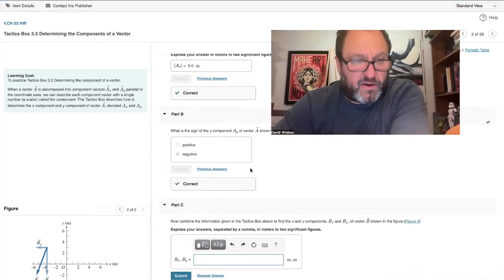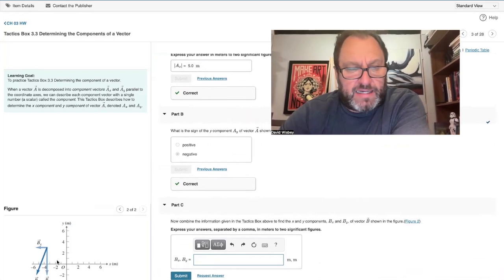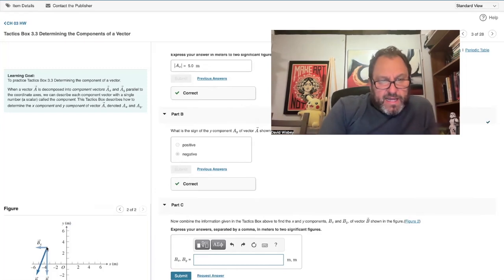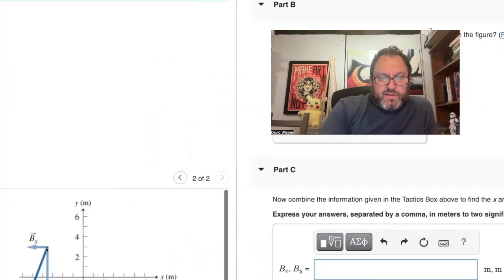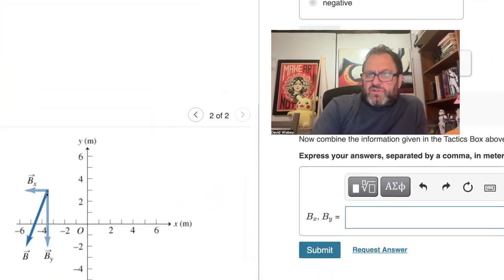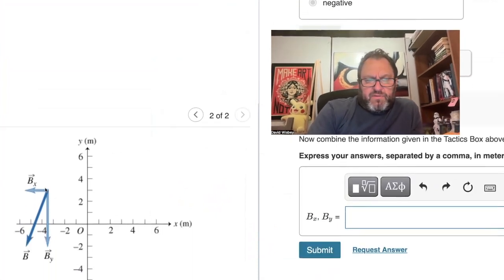For BX here, I'm looking at the plot and I can see that my vector starts at negative 3.5 if I look at this really carefully. Okay, I'm gonna zoom in here. It starts at negative 3.5 and it goes to negative 5.5. So I think that one is negative 2.